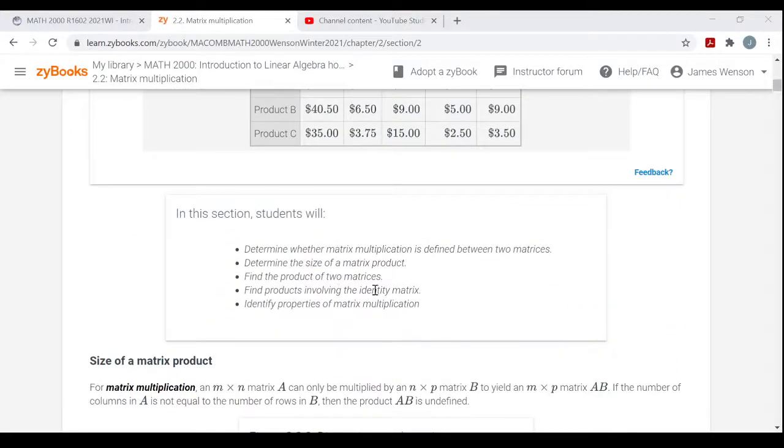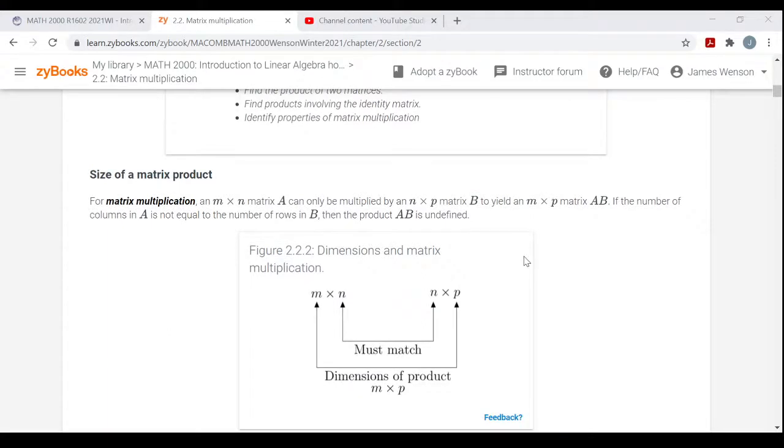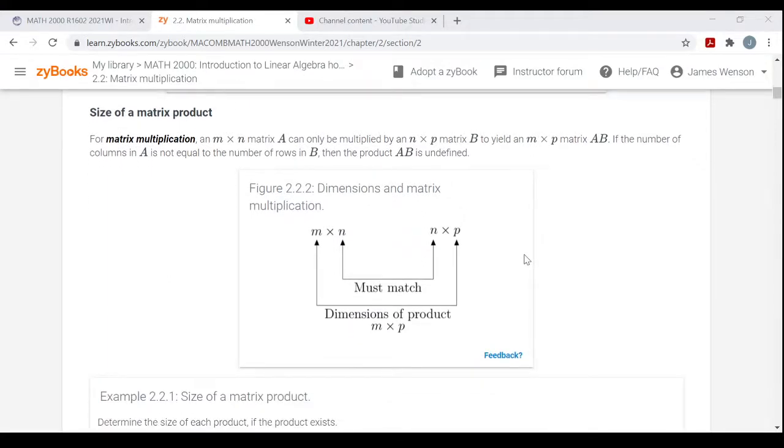All right, so you've got your objectives. First, the size of a matrix product. This is when you multiply a matrix by another matrix. There are some size requirements. If you recall, for matrix addition, when you added or subtracted two matrices, they had to have the same exact size.